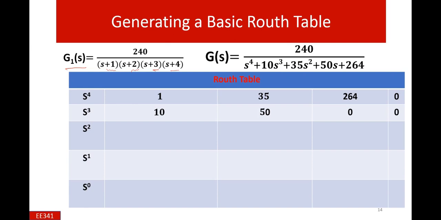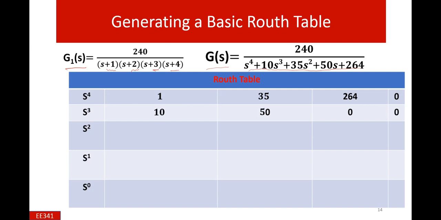G(s) is the closed loop transfer function. And how do we define the stability of a closed loop transfer function? If we are able to factorize the characteristic equation, then we can define the stability easily. The alternate way is the RH criteria.